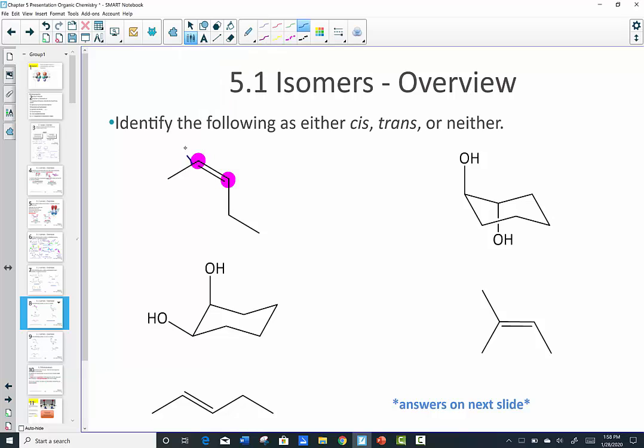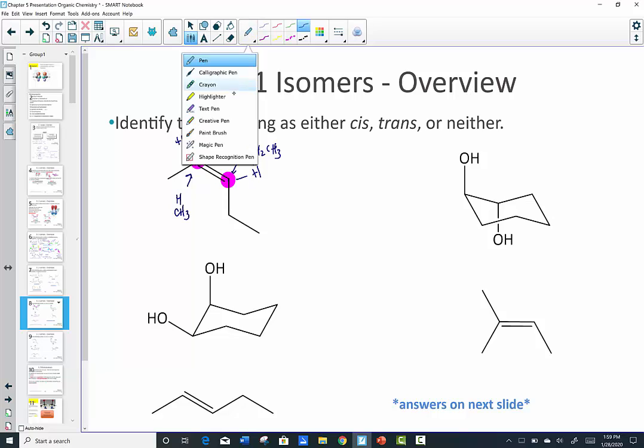So in other words, this guy is leading out to a hydrogen, and this guy is leading out to a hydrogen. So this carbon is attached to a hydrogen and a methyl group. Those are different from each other. This carbon is attached to an ethyl group and a hydrogen. So those are indeed different from each other.